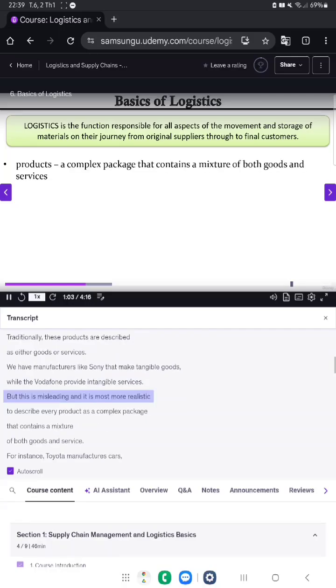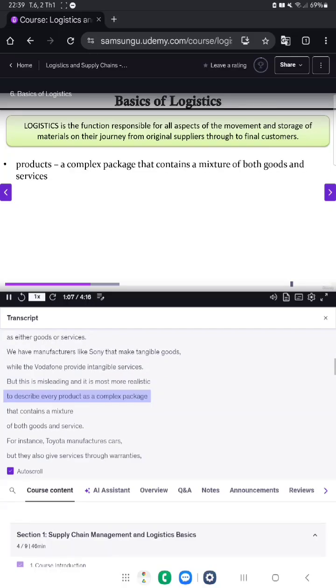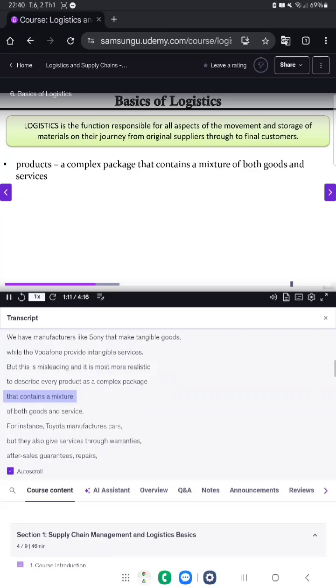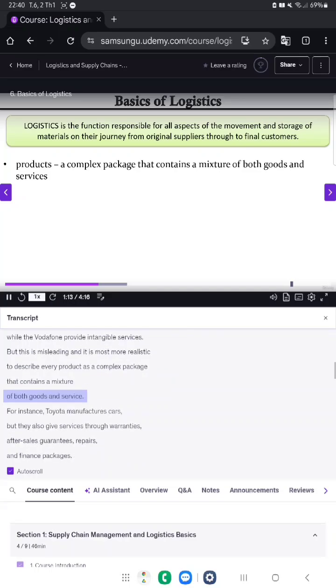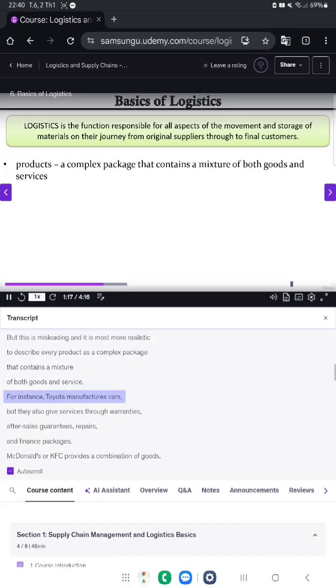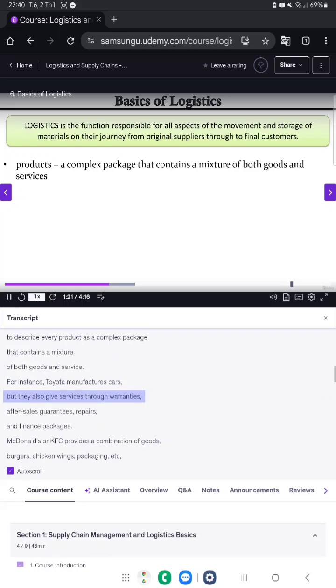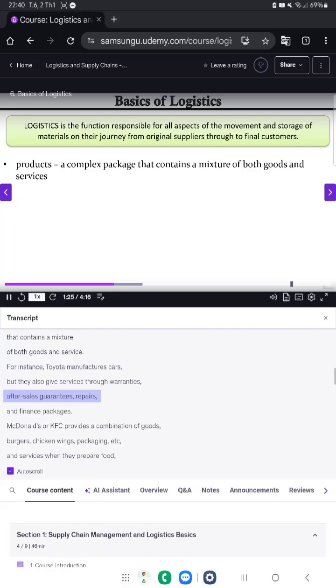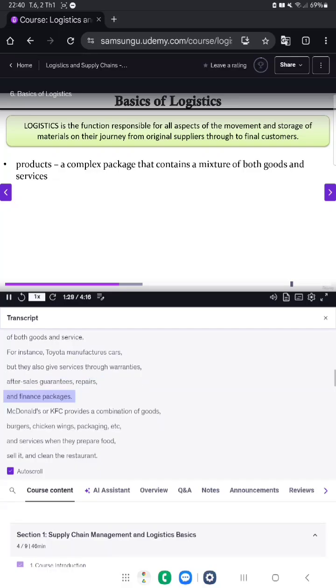But this view is misleading, and it is more realistic to describe every product as a complex package that contains a mixture of both goods and service. For instance, Toyota manufactures cars, but they also give services through warranties, after-sales guarantees, repairs, and finance packages.